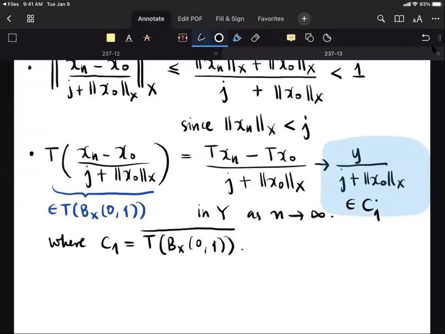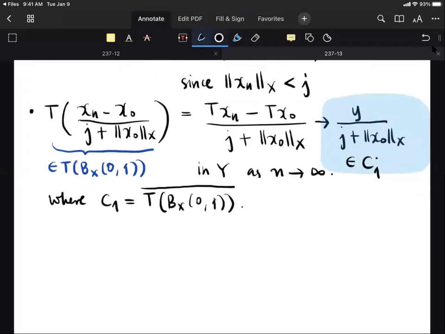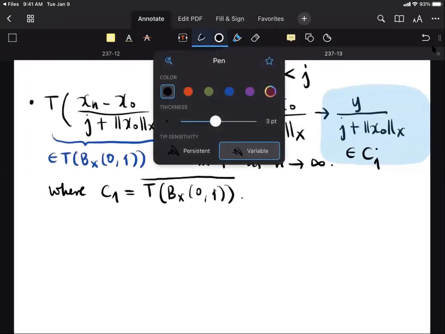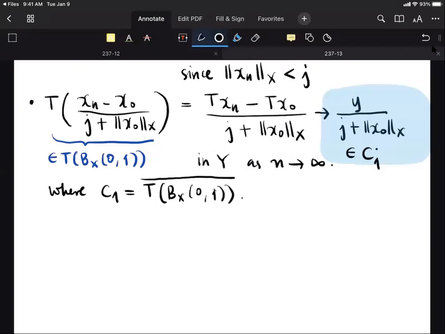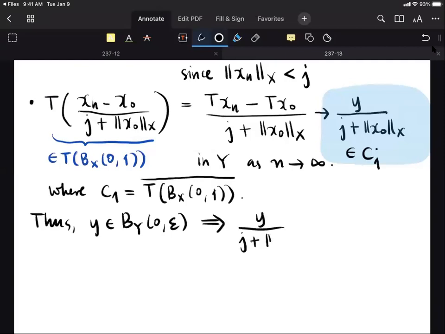So in other words, you have a sequence in this image set, and this is a limit. Since C1 is closed, the limit must be in C1. Let us summarize that. Thus, y in the open ball implies that y over j plus the norm of x naught is in C1.